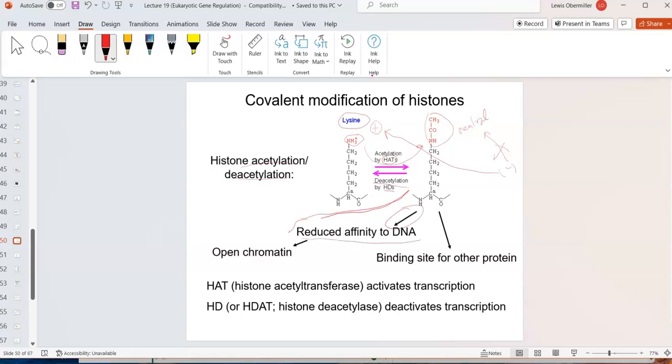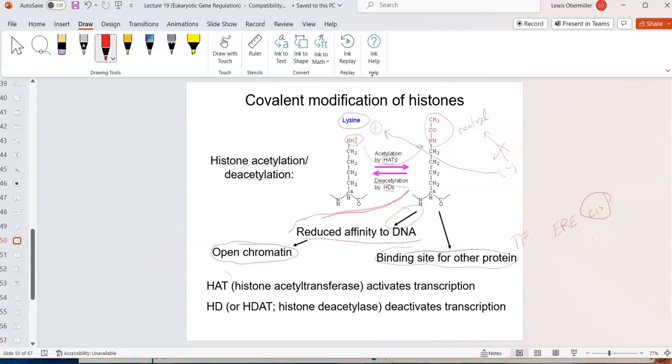So it reduces the affinity to DNA. DNA is not going to be as attracted to neutral charges. And that opens the chromatin, opens the scroll so you can read it. It also helps expose binding sites for other proteins like transcription factors or things that are going to bind to like estrogen response elements or other cis elements, DNA elements that are required for transcriptional activation.